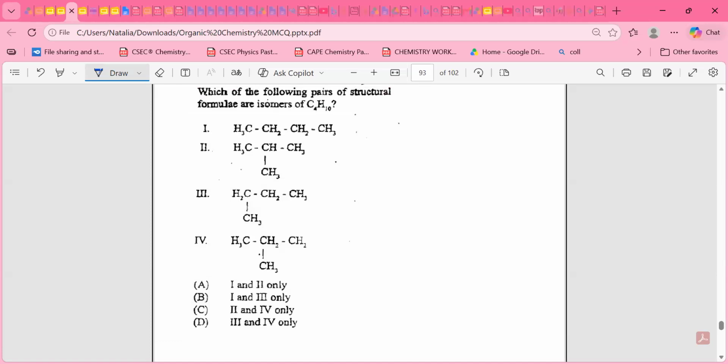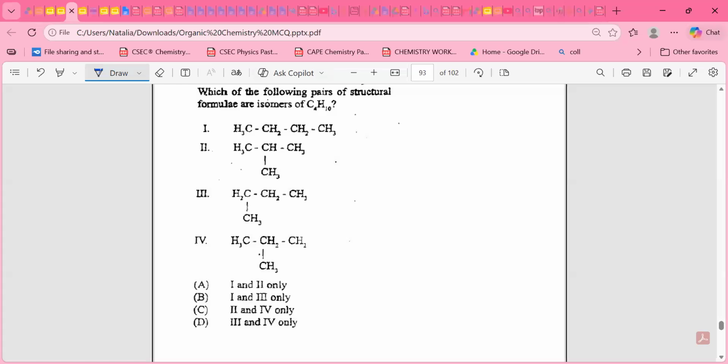C4H10. We're looking for isomers of C4H10. What would it be? So we have 4 carbons in a straight line, and then 3 with 1 on the middle.